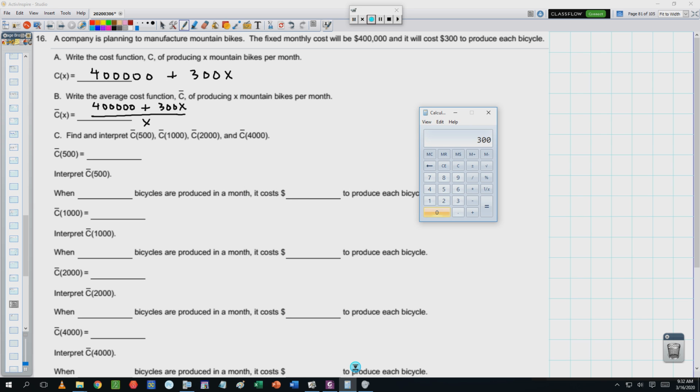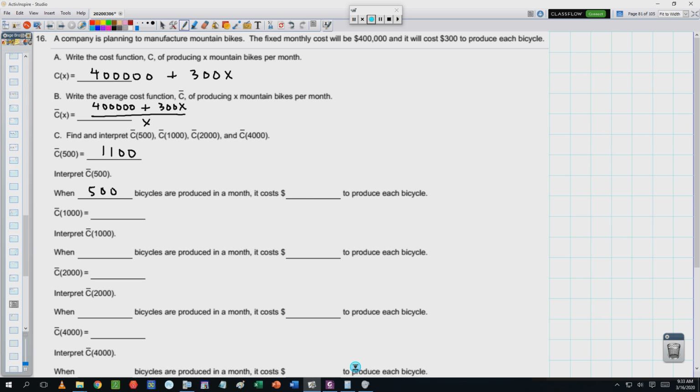So 300 times 500 plus 400,000 equals, and we'll divide that by 500. So C bar is 1100. So when 500 bicycles are produced, it costs $1,100 for each.